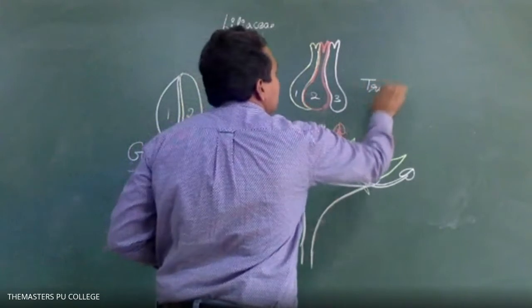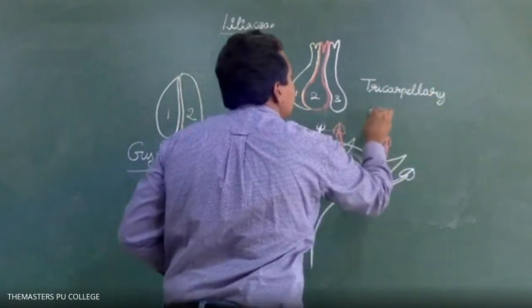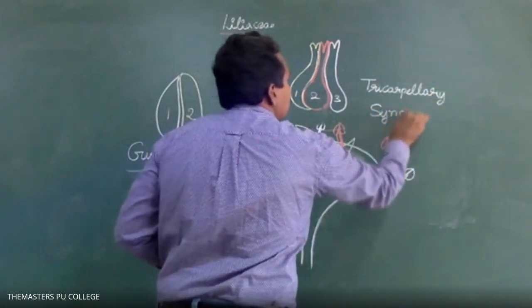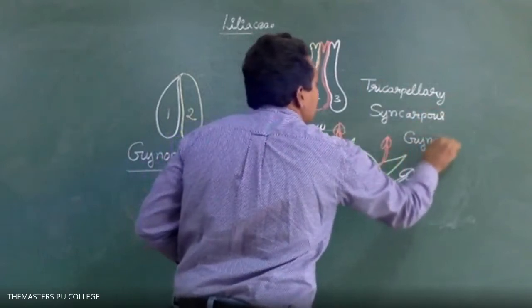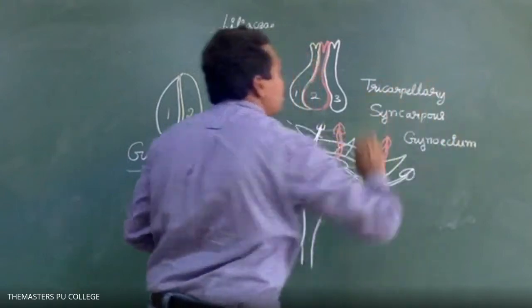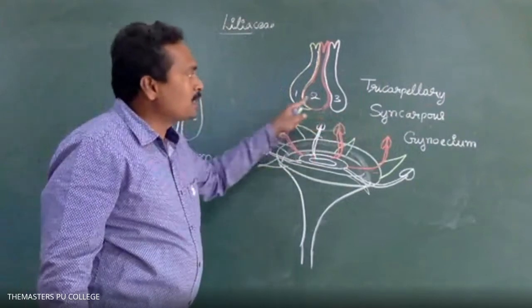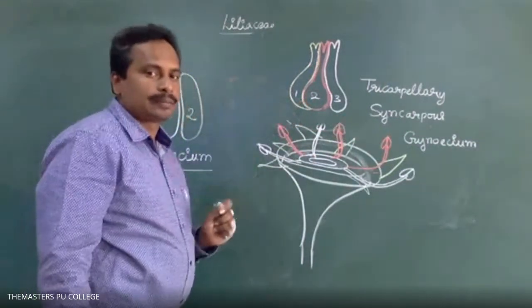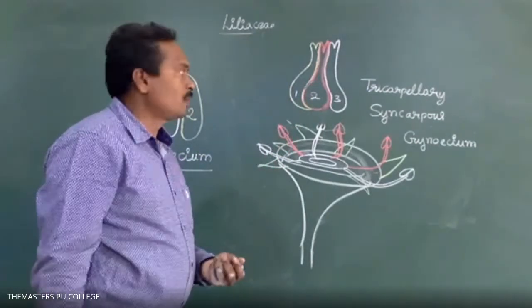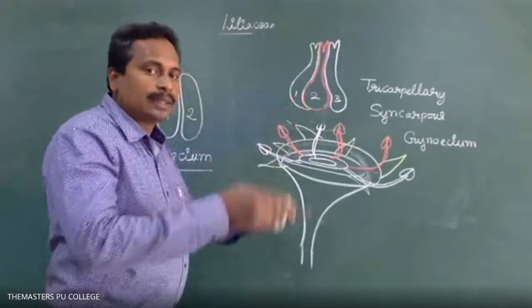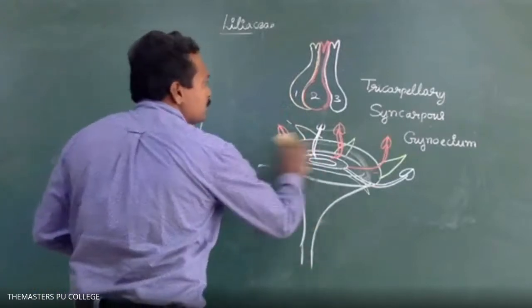Tricarpellary, syncarpous gynoecium. Syncarpous means carpels are fused, united with each other. So the gynoecium is tricarpellary syncarpous. Three locules are present in the ovary.